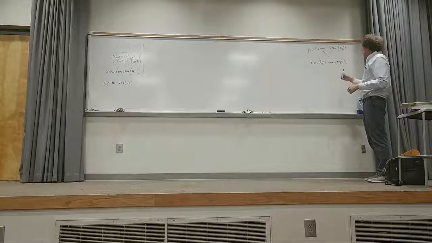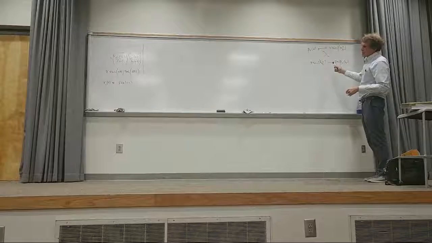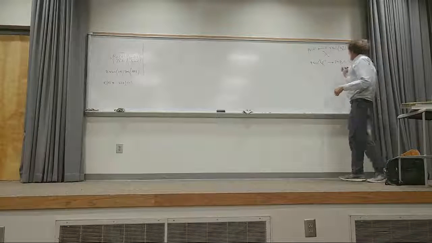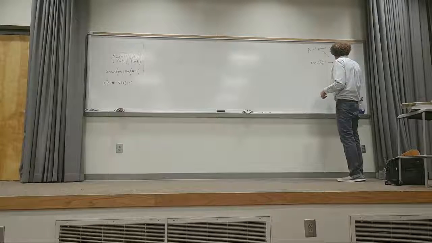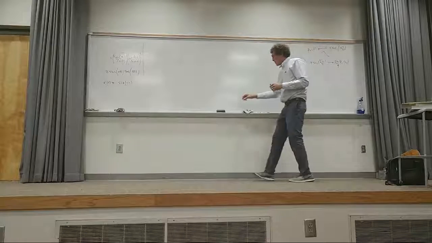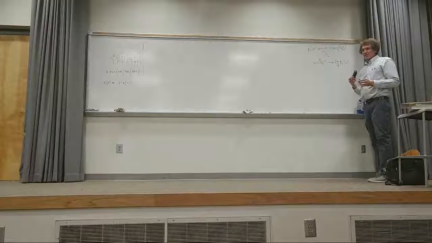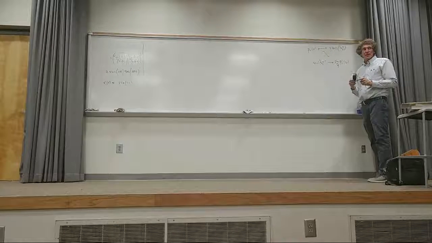Now, since what's the coefficients of those sincs? 1. Since the coefficients of the sinc are 1, I'll divide this by tau over here, right? That way, I want to make sure I just have sinc there. Nothing in front of it. Got it, class? With me?